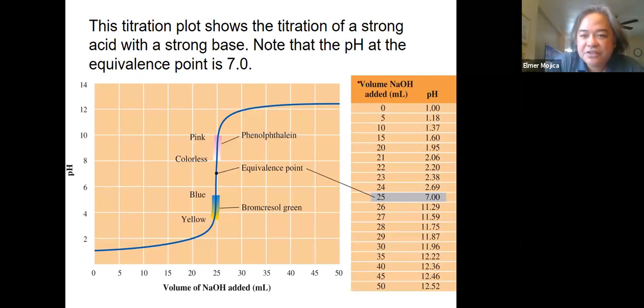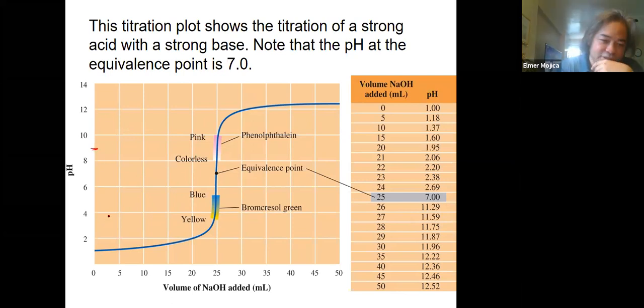So the titration curve, its most important information that can be conveyed out of it is the equivalence point. And if you're going to look at the different indicators, this is what you have. The phenolphthalein that you use changes color when the pH is between 8 to 10.